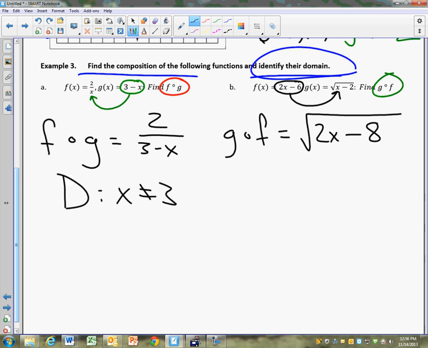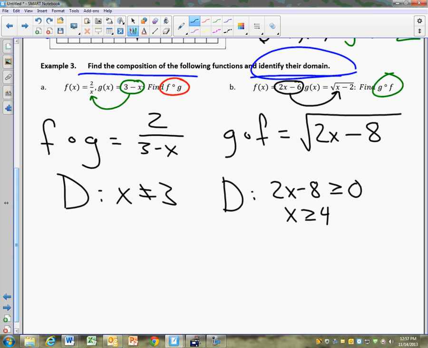Very good. For the domain, anytime you have a square root, you have to set the inside greater or equal to 0. Your domain is x greater or equal to 4.